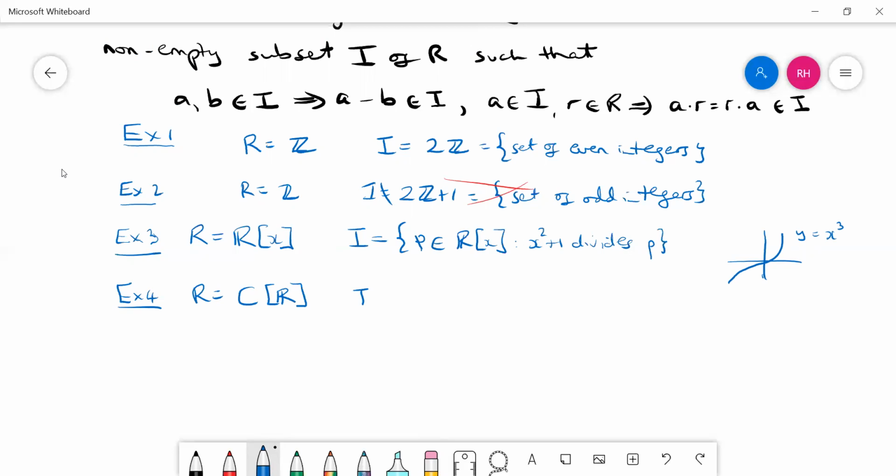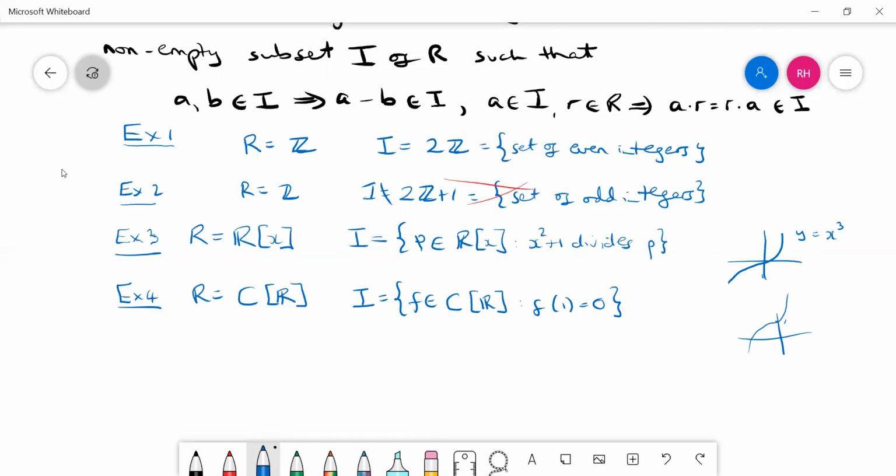Okay, and what's the ideal? Well, it'll be the functions f in R, in the ring, such that f(1) equals 0. So these are the functions that go through the point 1.